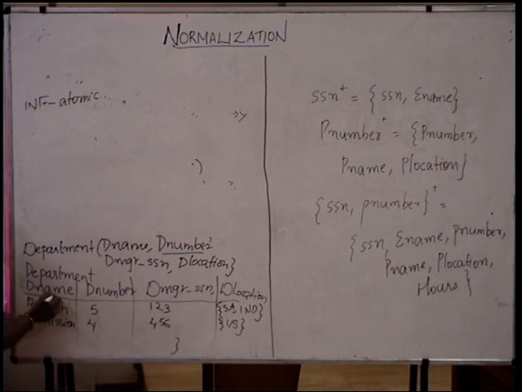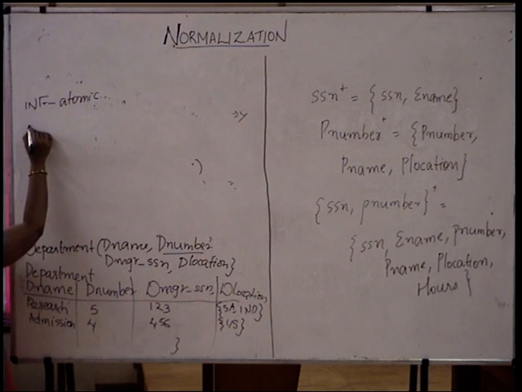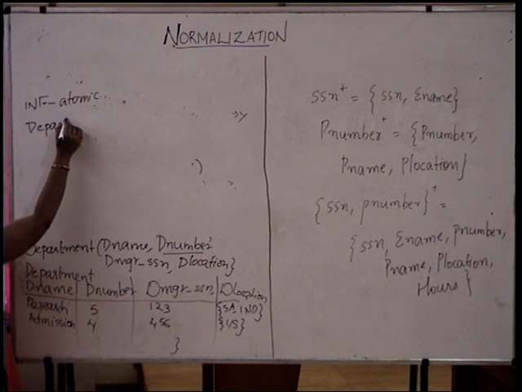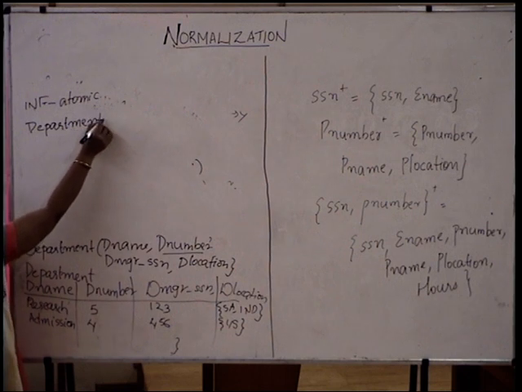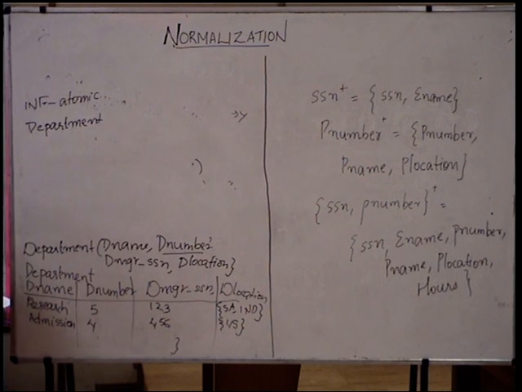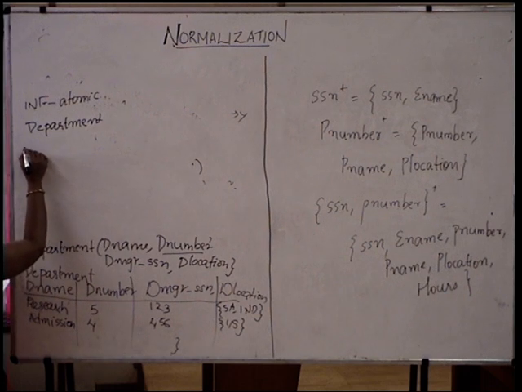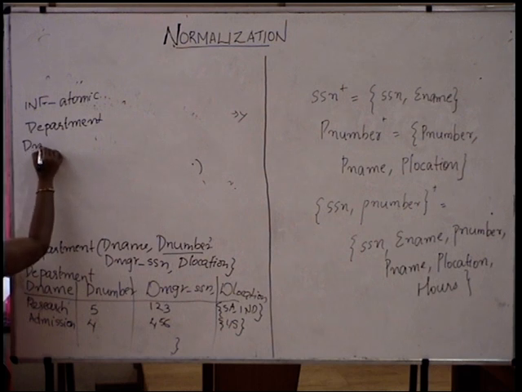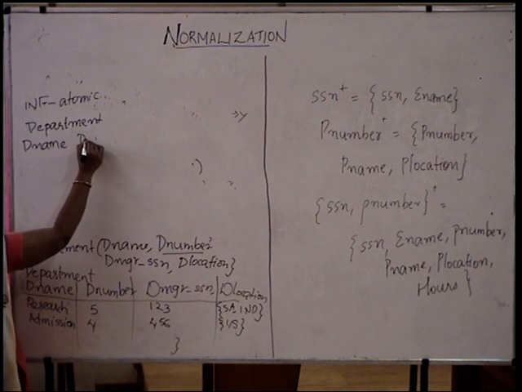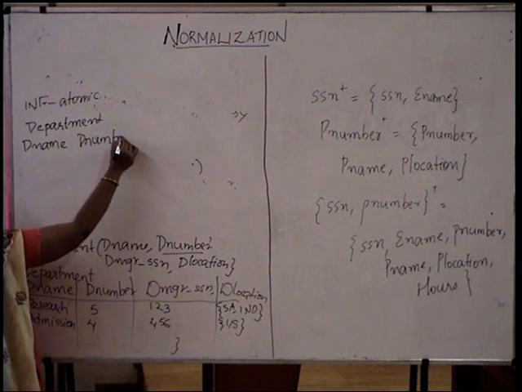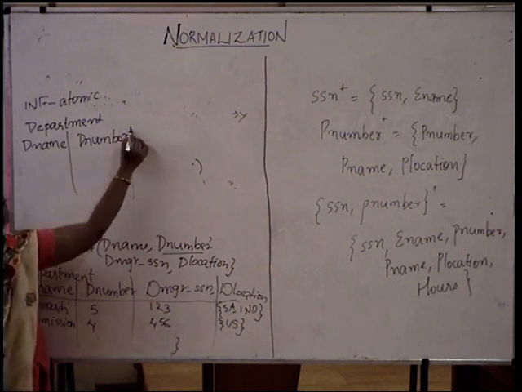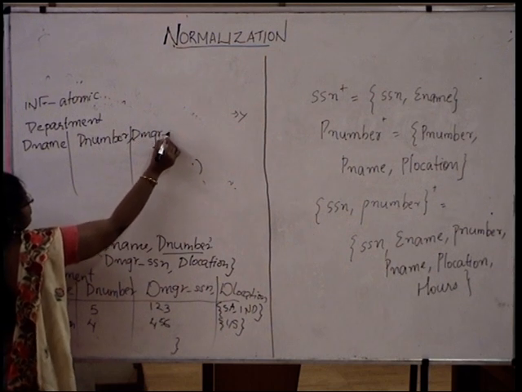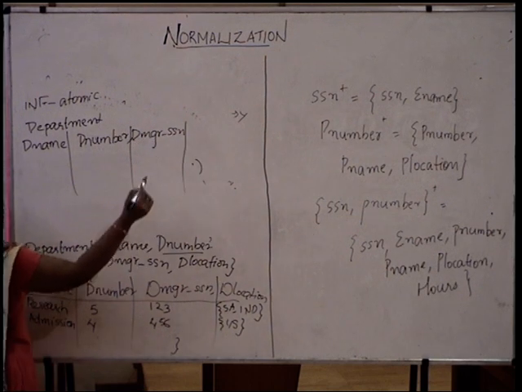So, in order to make this table in first normal form, into the department table we will add one more record. The attributes are D name, D number, D manager SSN, D location.